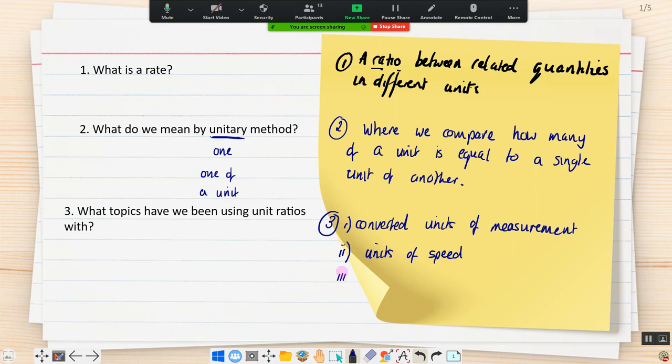And the third thing that we did was exchange rates in currencies. So they're the three things that we've basically studied and used these rates for. Do you remember doing those? Any questions on anything of that at the moment? Or is that all good? Is that reminding you what we've been doing?